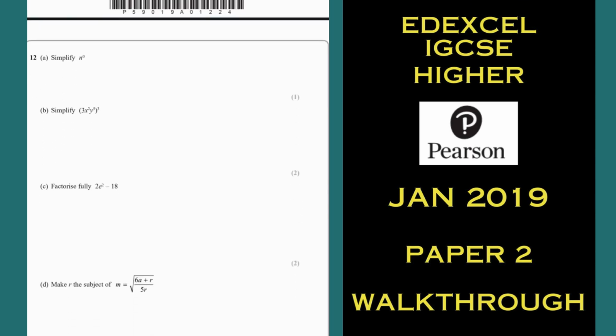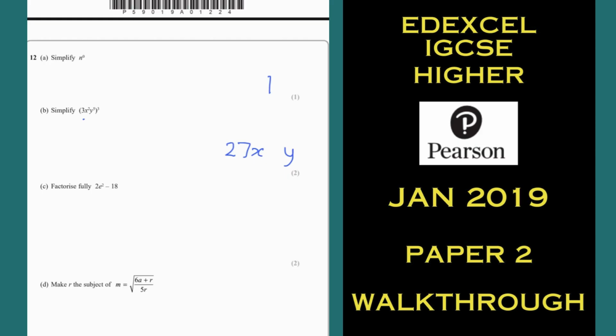Some indices. So, anything to the power of 0 is 1. Get it learned. Part B, power to a power. So do things in turn. We've got a number 3. We've got to cube it. 3 times 3 times 3. Now, when you do the x's and the y's, don't forget it's the power to a power.